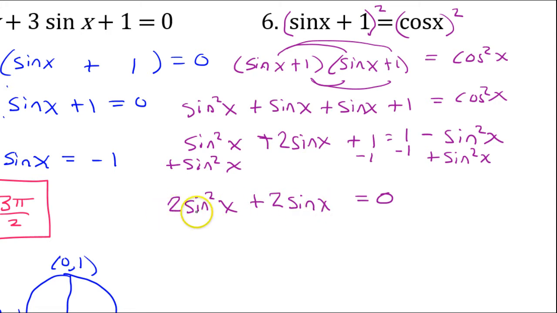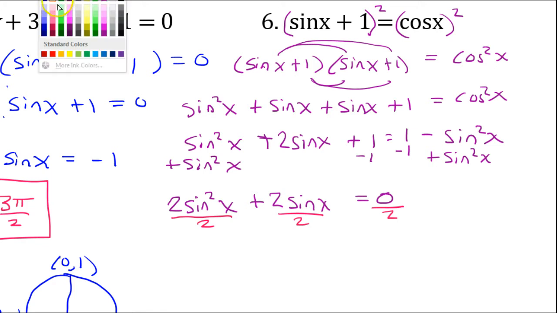You know what? Rather than bringing out the 2, because I have an equation that I'm solving, whereas I am not allowed to divide by a trig function. Never do that. Never think you can divide by a trig function. But I can divide by 2. And I don't feel like carrying the 2 around anymore. So what I can do is divide everything by 2.